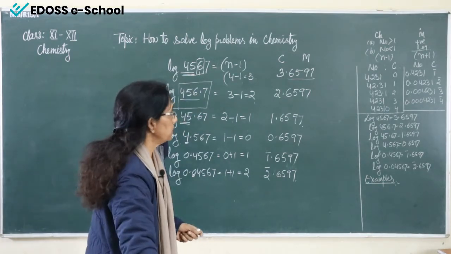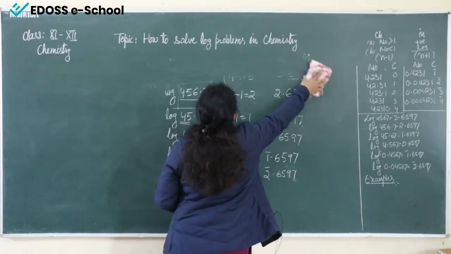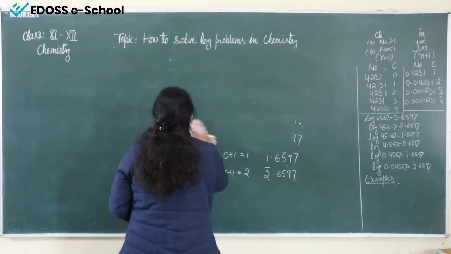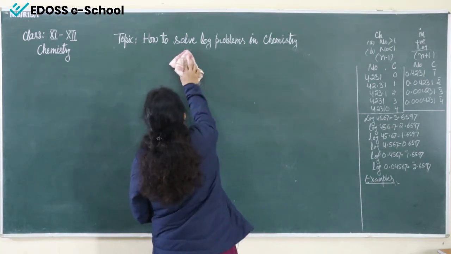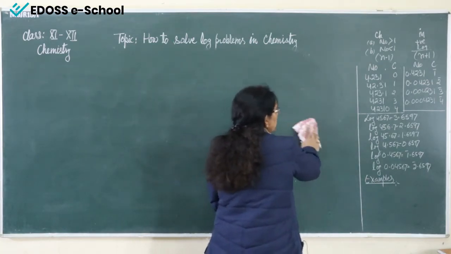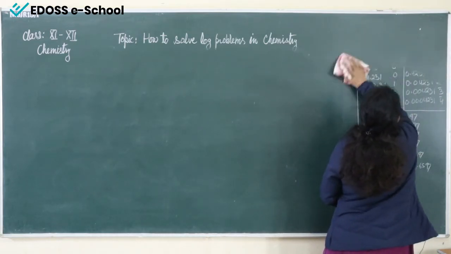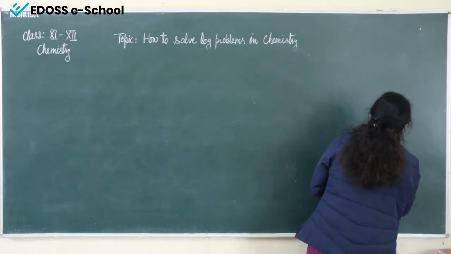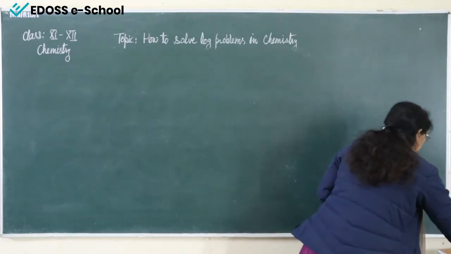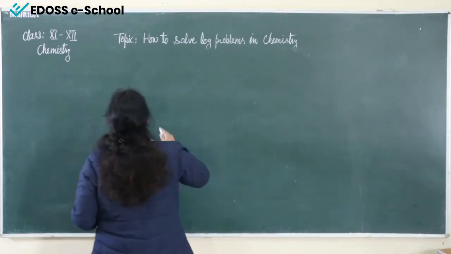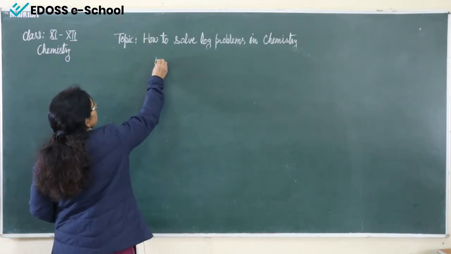Now a few more examples we will do of this. How to find the log during our calculation. Now coming to the calculation. Now see, suppose these are the examples.